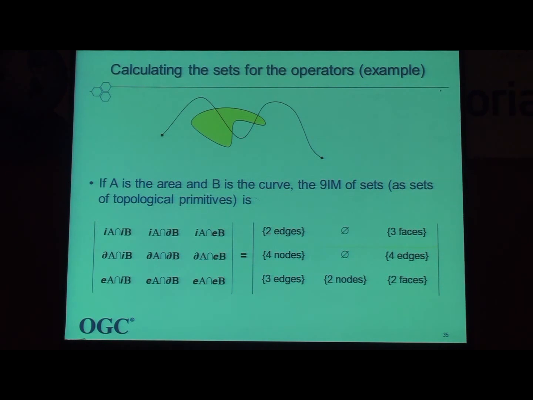So, let's look at the interior of A. A is the yellow area. The interior area is the yellow thing. The interior of B is anything except for the 2 nodes on the ends. So the interior of A and the interior of B give you 2 edges, the 2 lines that cross the yellow.